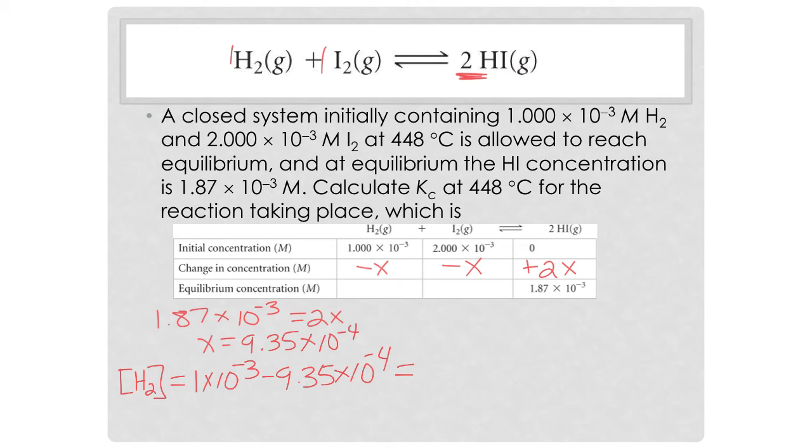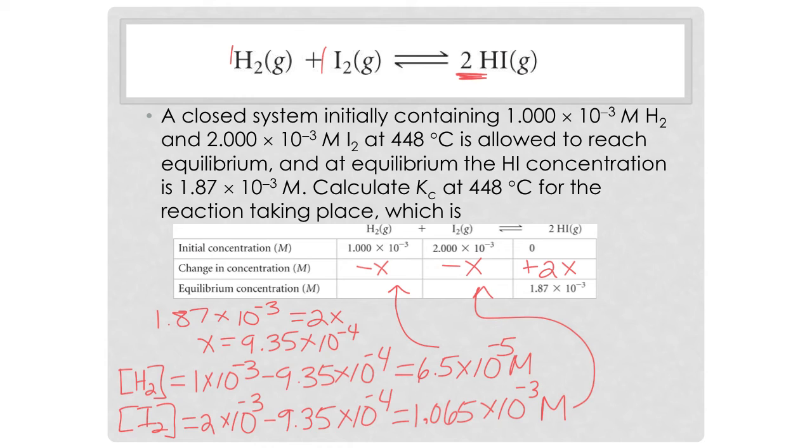And I would do the same thing to get the concentration of I2 at equilibrium. That was 2 times 10 to the negative third, again, minus x. So I would plug both of those into my calculator.